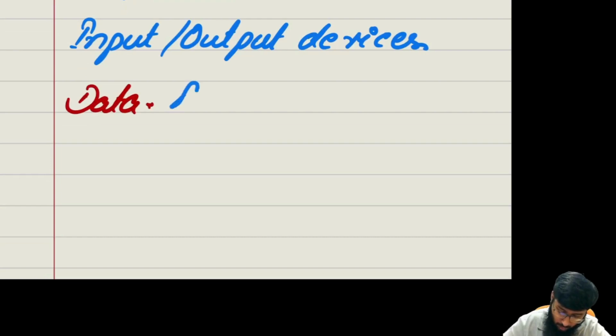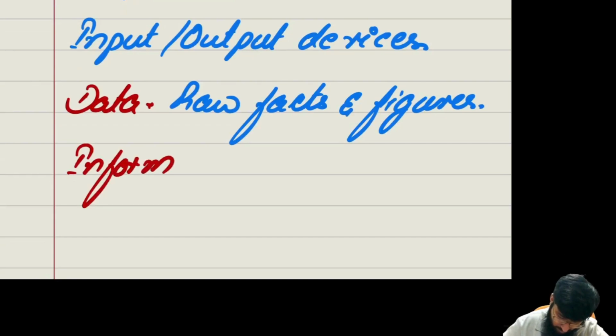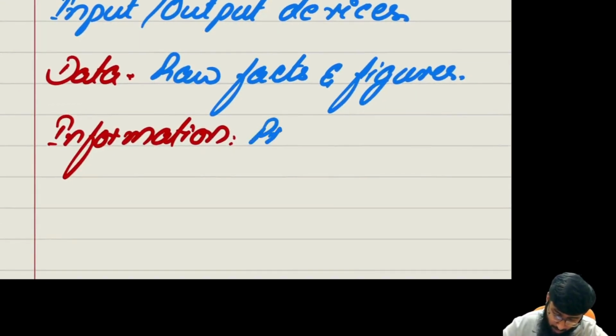It is raw facts and figures. Whereas information is the processed form of data.